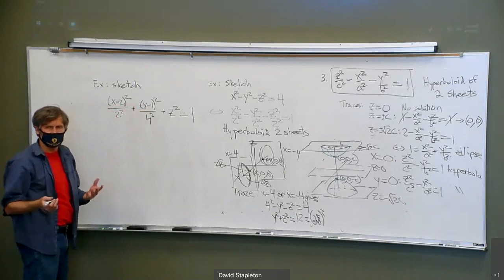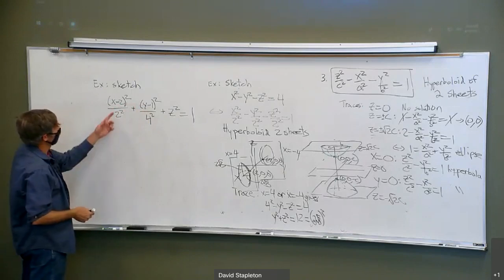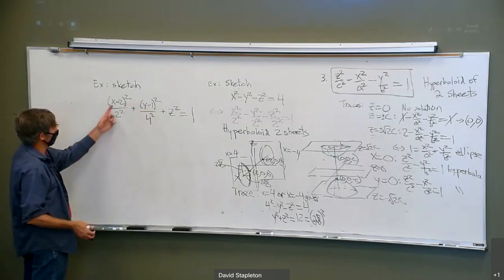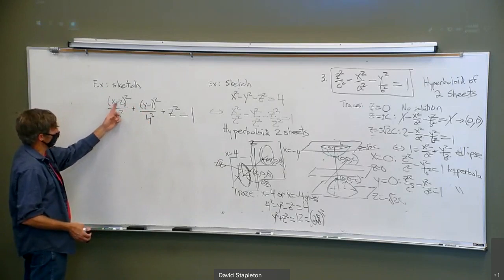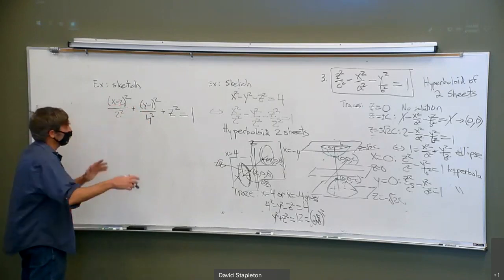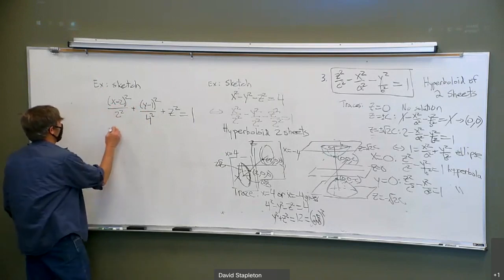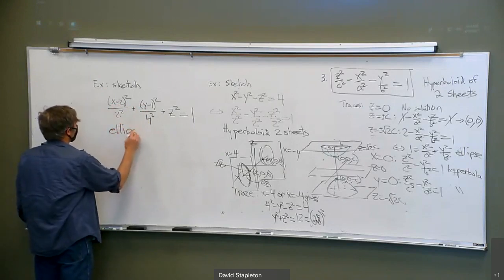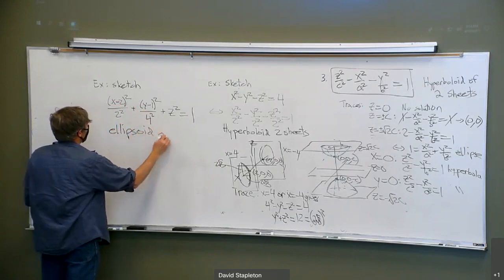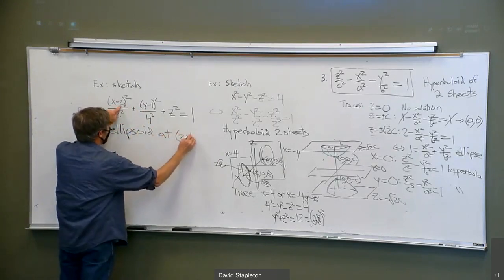Well, remember, for any equation, in any dimensions, if you replace a variable by that variable minus a number everywhere, that just shifts the graph over. So this is exactly the ellipsoid, but instead of being at 0, it's at whatever you subtract here: 2, 1, 0.